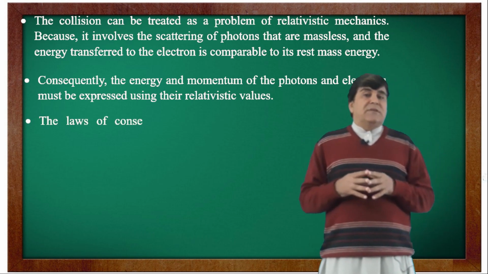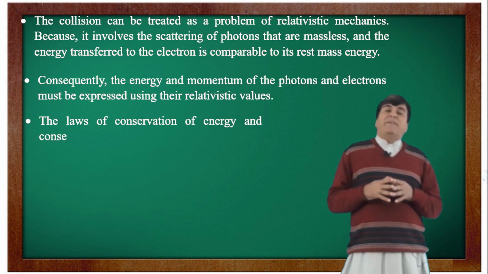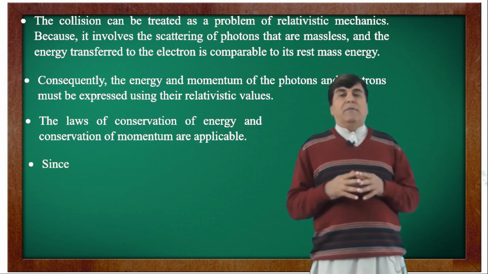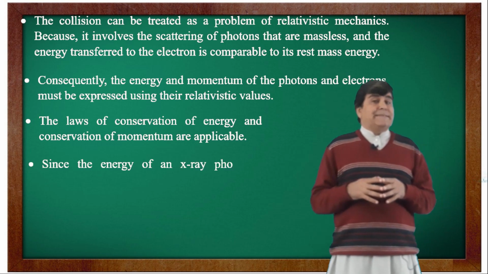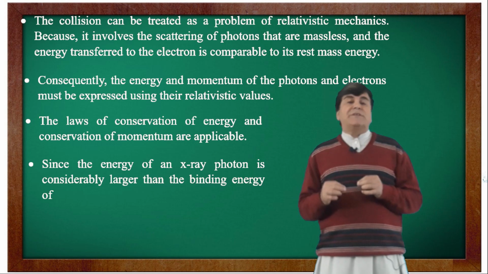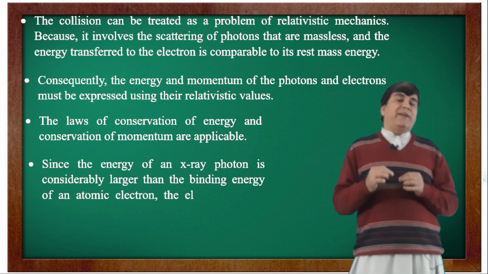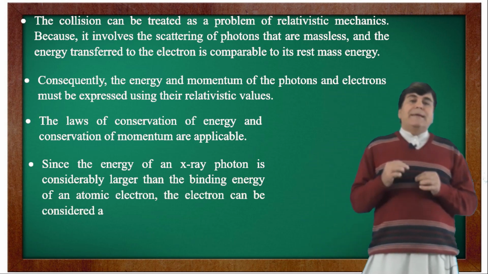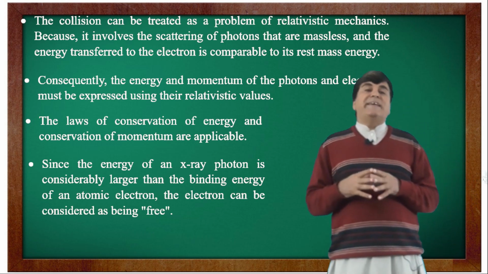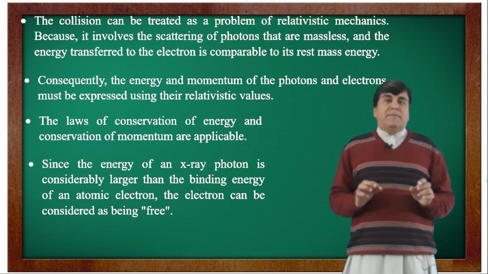Number 3. The laws of conservation of energy and conservation of momentum are applicable. Number 4, since the energy of an X-ray is considerably larger than the binding energy of an atomic electron, therefore the electron can be considered as being free.